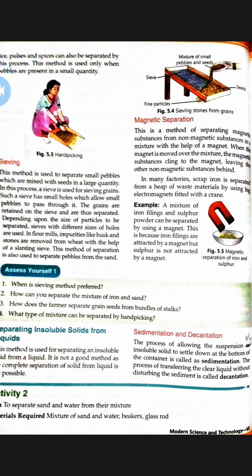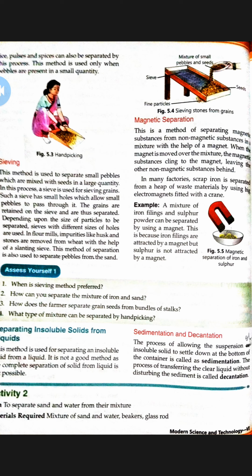Filtration is often used in our homes, laboratories and industries. Preparing tea or coffee decoction involves filtration. When you are preparing tea, it is the best example of filtration. What happens after making tea? You filter it.